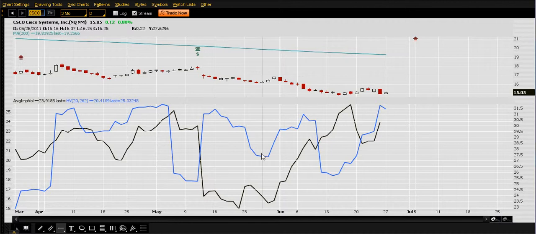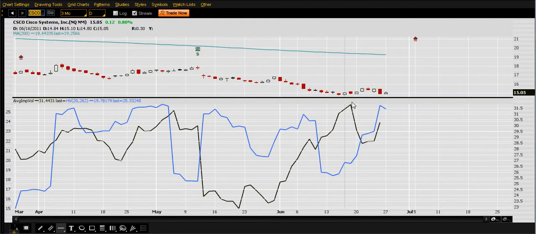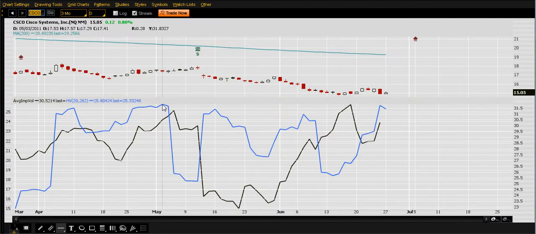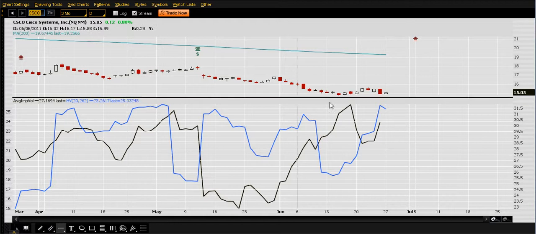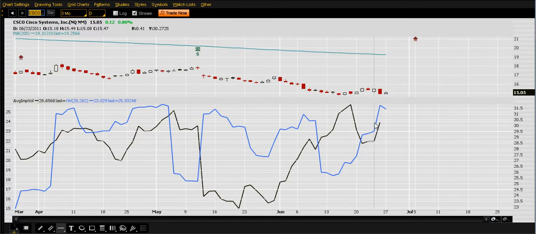So we had low volatility for a while, then volatility went up, nearly hit a historical volatility peak just at the same point, went down, and now it's going back up. Historical volatility already peaked, so we can basically say we're in a high volatility situation right now.